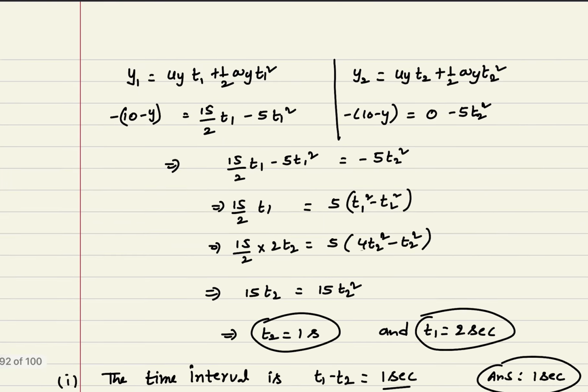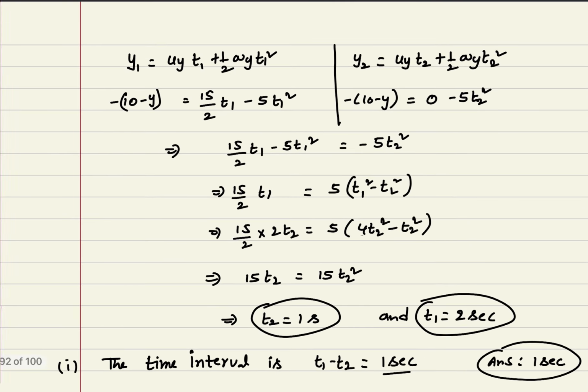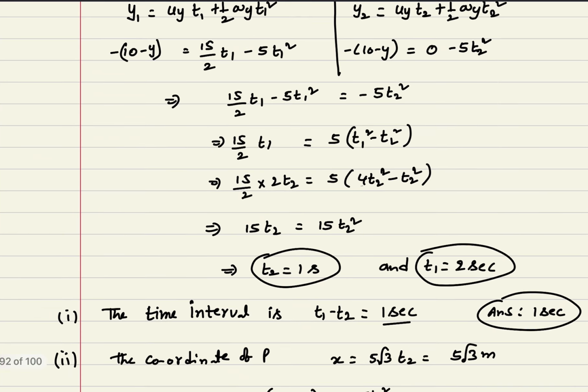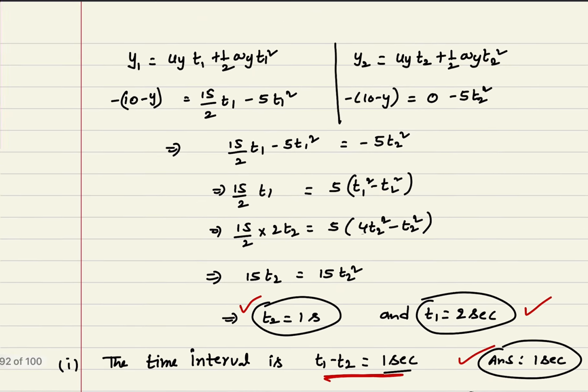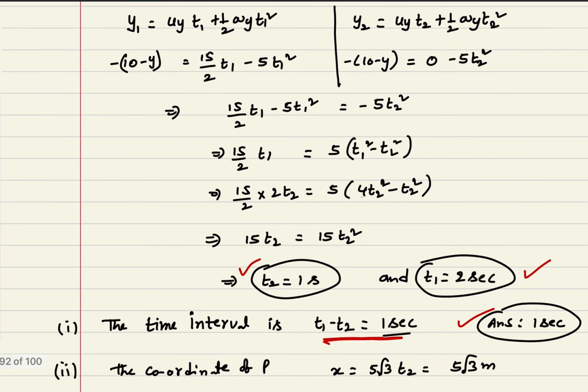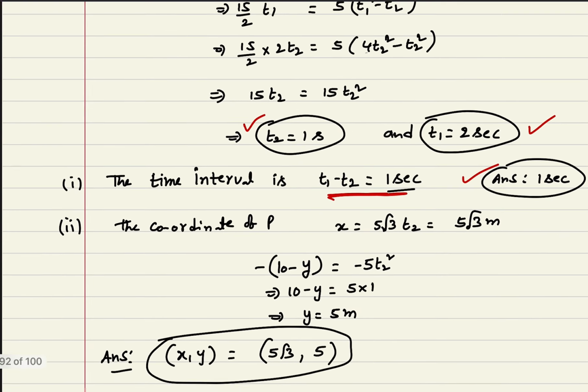After substitution of the above relations, I got T2 is 1 second, T1 is 2 seconds, and the time interval T1 minus T2 is 1 second. That calculation part you have to do, just substitution only.